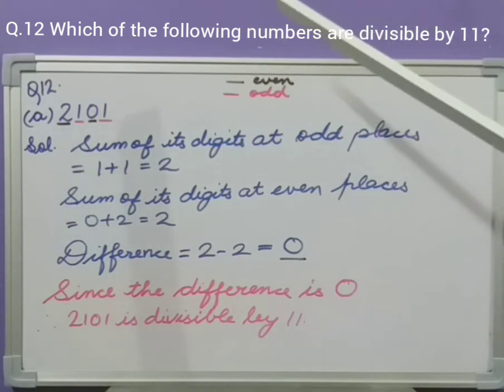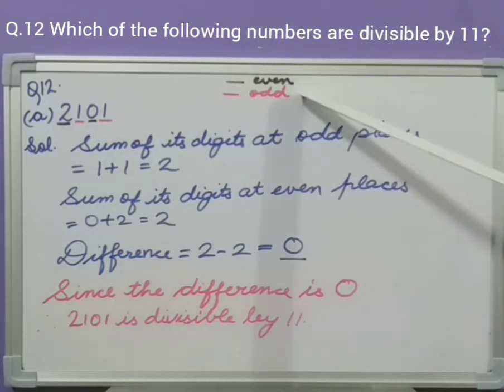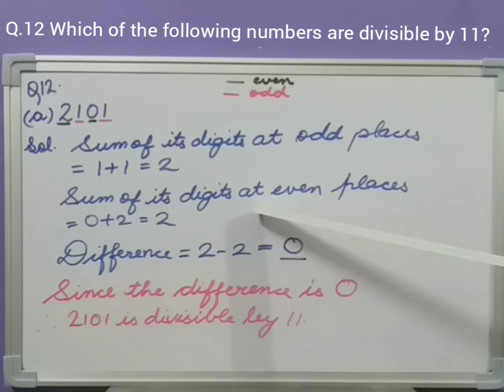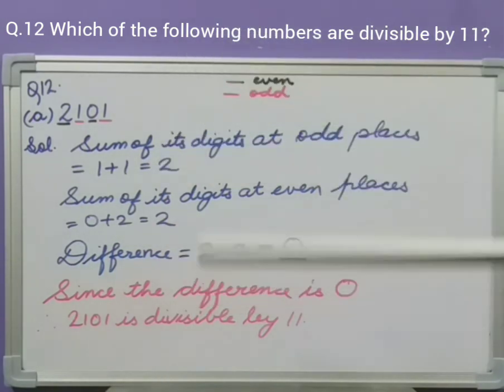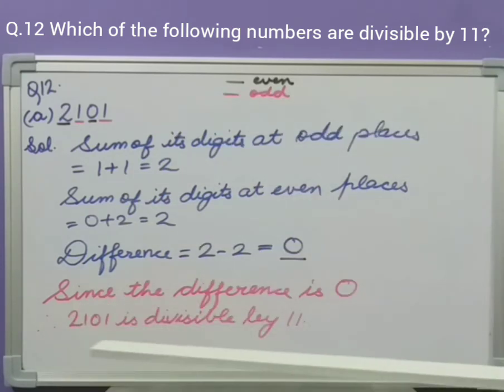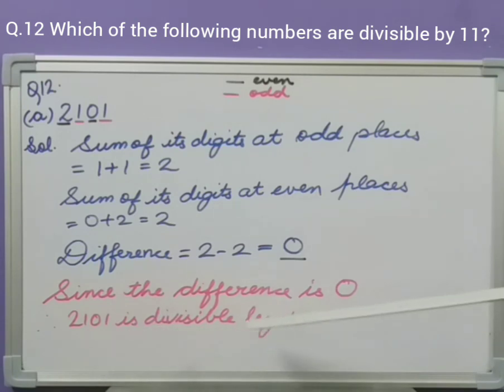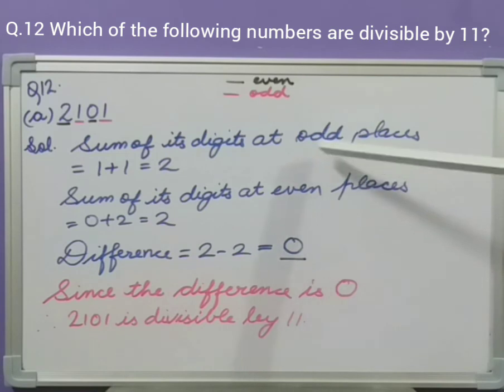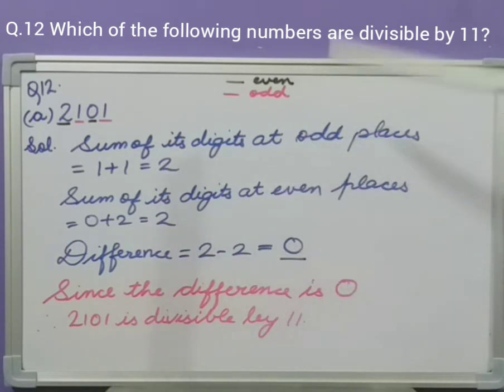So, the condition is the sum of even places, the sum of odd places, the difference should be equal to 0 or 11, then the number will be divisible by 11. Since the difference is 0 here, therefore 2101 is divisible by 11. If it was not 0, if it was not 11, then it will not be divisible by 11.